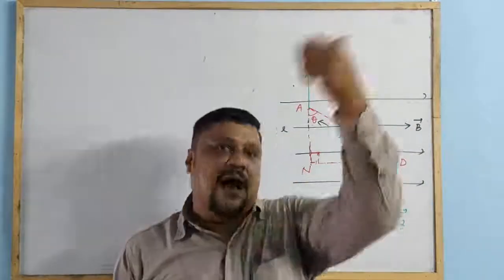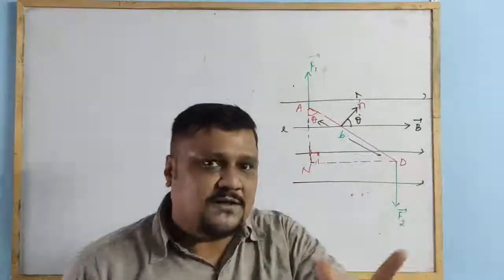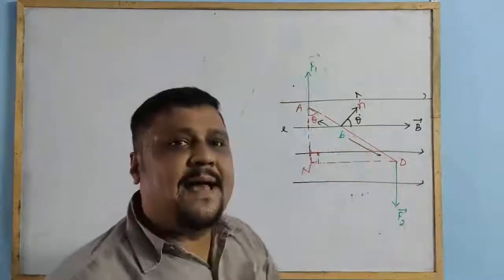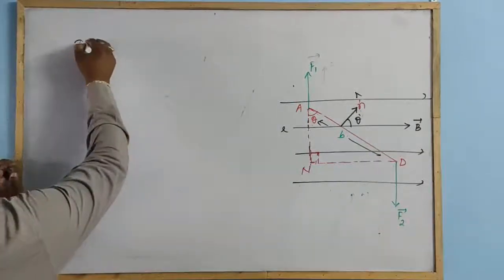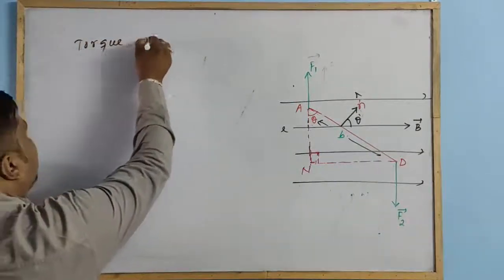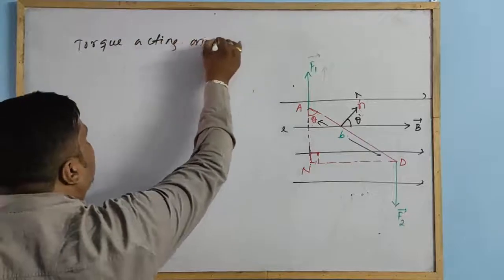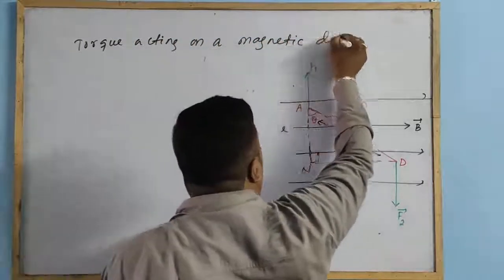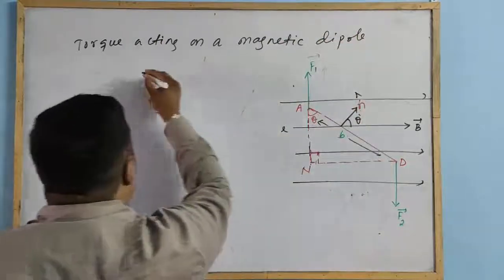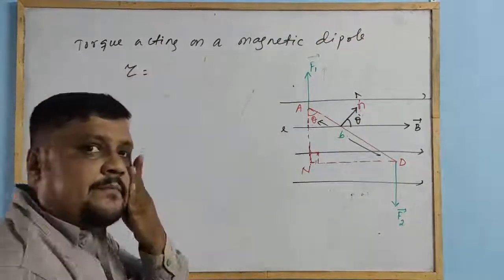IA. How did we get this dipole moment IA? Because if you compare with a magnetic dipole, the torque acting on a magnetic dipole, tau is equal to, what is the formula?